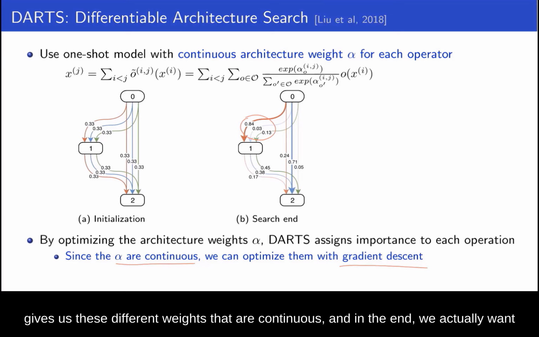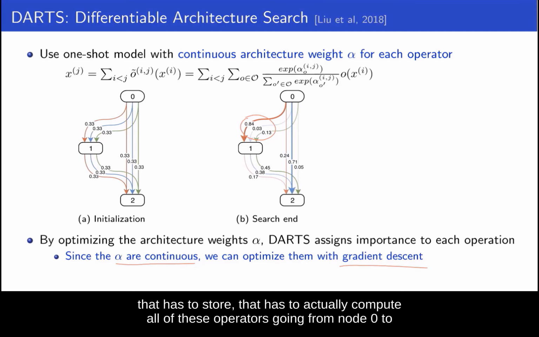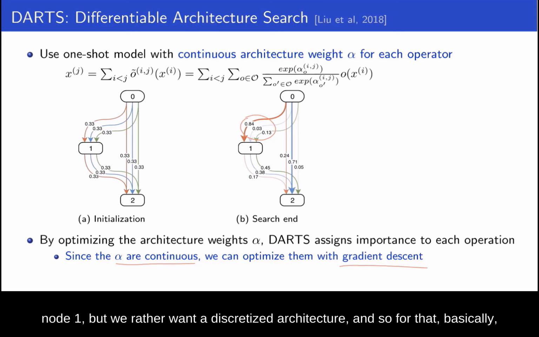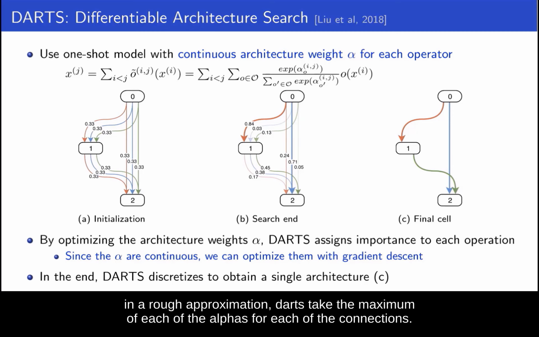And in the end, we actually want a discretized architecture because we don't want to have this very large architecture that has to actually compute all of these operators going from node 0 to node 1, but we rather want a discretized architecture. And so for that, basically, in a rough approximation, DARTS takes the maximum of each of the alphas for each of the connections.